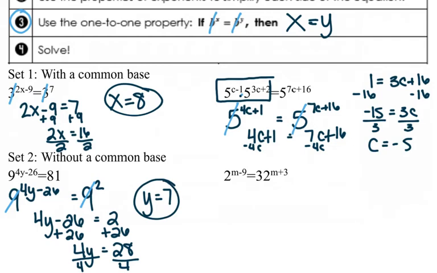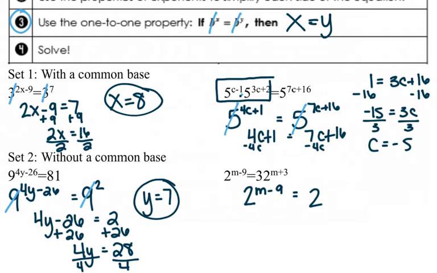Okay. The next one, I'm going to do pretty much the same thing. They don't have the same base, but I can manipulate it until they do have the same base. So 2 is my smaller number, I'm going to keep that one the same. I want it to be 2 to some power equals 32. So you can use your calculator until you get it.